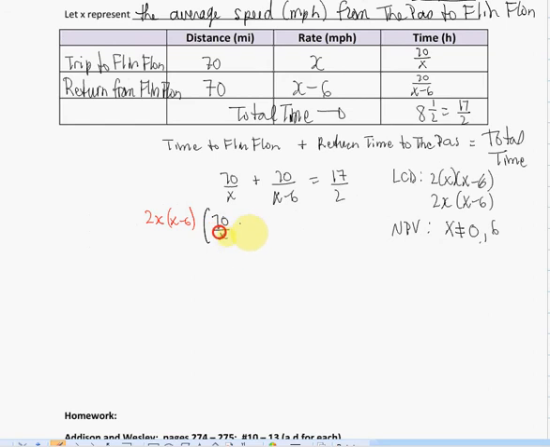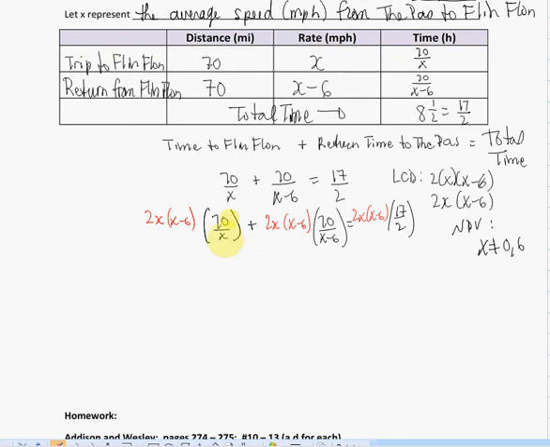And so we times 70 over x by that, and then 2x times x minus 6 times 70 over x minus 6 is equal to 2x times x minus 6 times 17 over 2. It's getting a little crowded here, so let me move this over. Non-permissible values, x can't be 0 and 6.